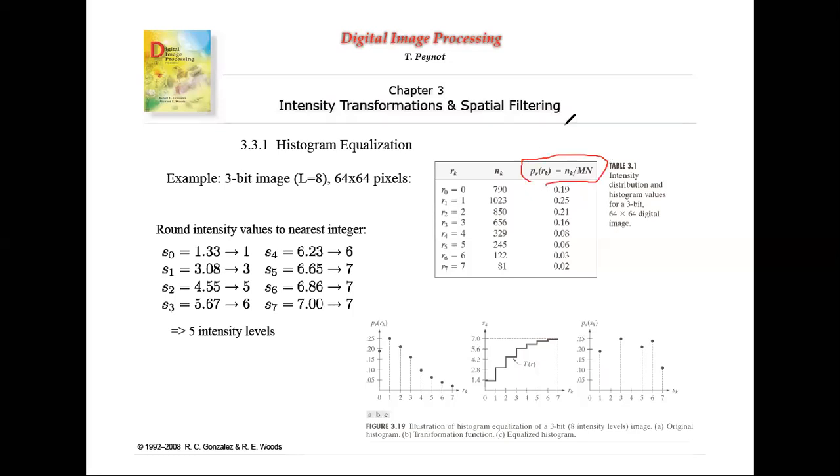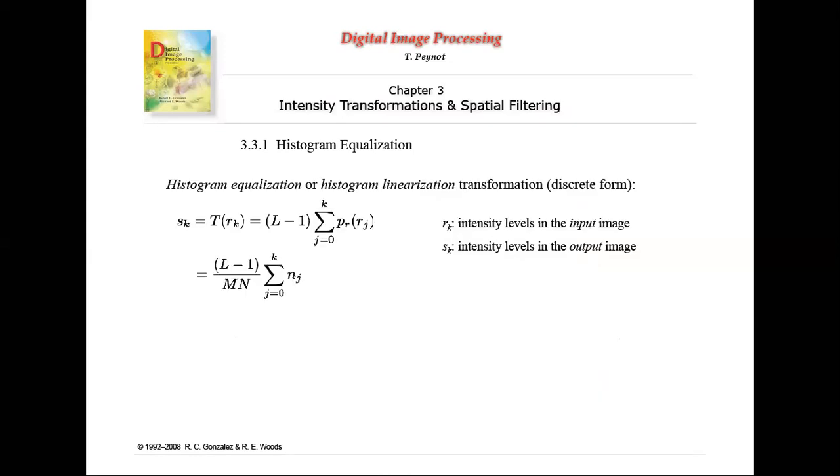And then there was the equalization formula: this one PR, part of your pixel intensity, the cumulative intensity divided by m divided by n. You multiplied by L minus 1, just map, and there you could get it.